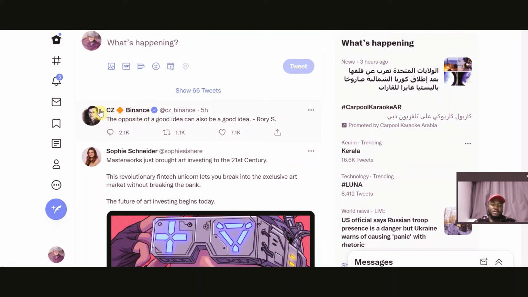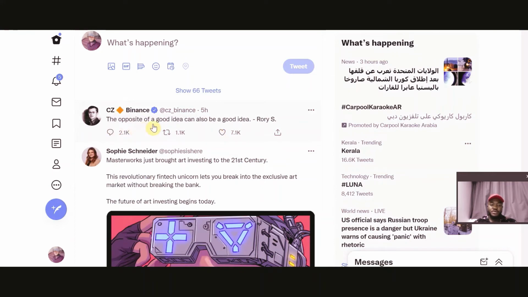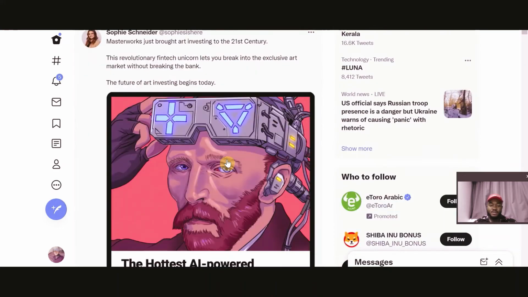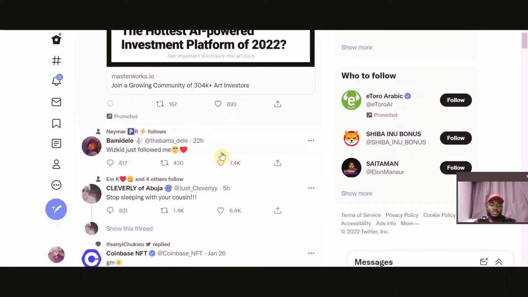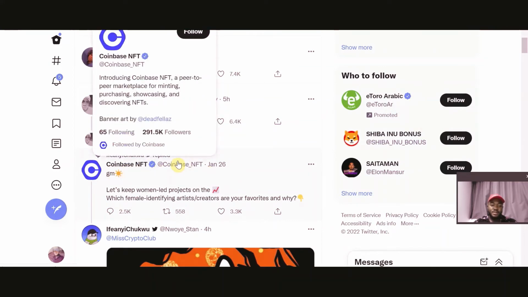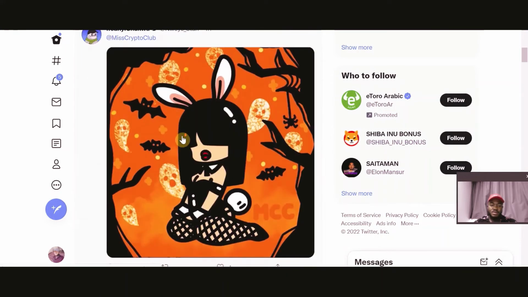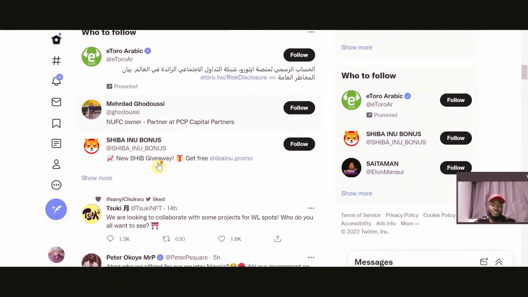You see, CZ Binance also just tweeted, the opposite of a good idea can also be a good idea. You see, all these people are the OGs in the crypto space. You have to follow many of them. Coinbase NFT. These are, let's keep woman lead projects on the, you see many things that are happening in the crypto space.